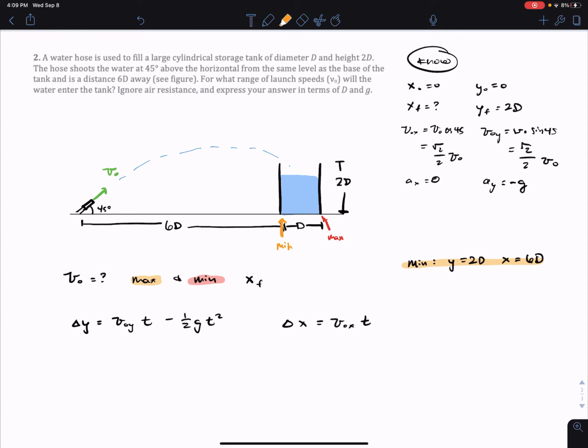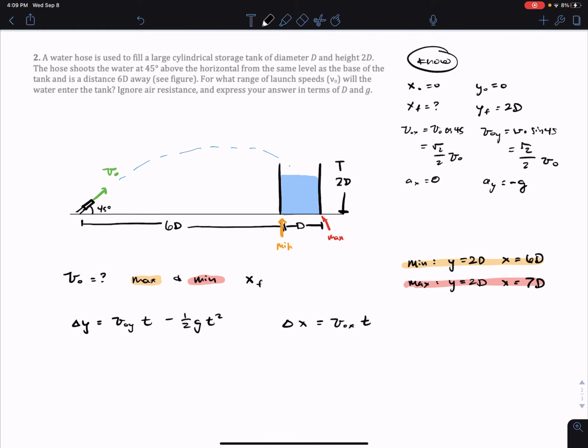So that means that's the minimum distance we need to get in the tank. The maximum distance, that's for y equals 2d, right? Because you have to get into the tank here. And x equals 7d. All right, so that's our maximum distance. Okay, so now we just have to plug in our values.